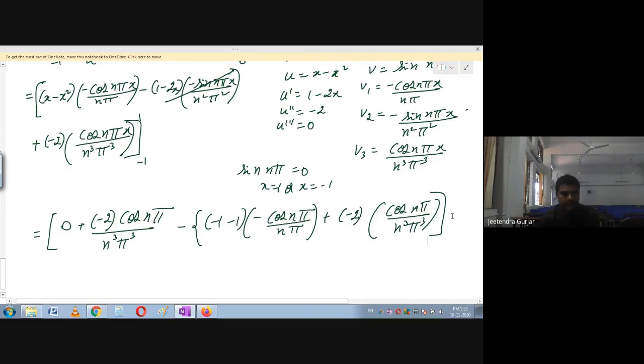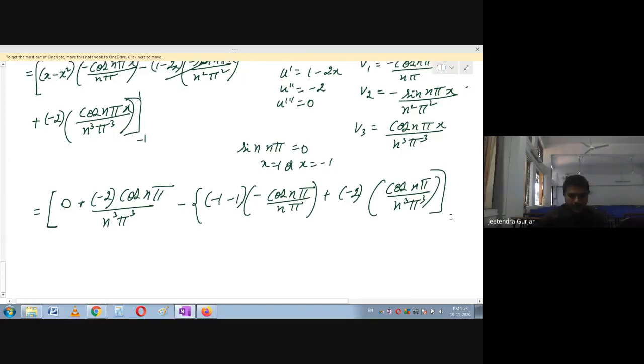Now simplify this, students. What is common here? n pi is common, and n cube pi cube is there. I will simplify this. This will be minus 2 cos n pi. If you further simplify, minus 1 becomes minus 2, and this minus 1 is here, so minus into minus is plus.